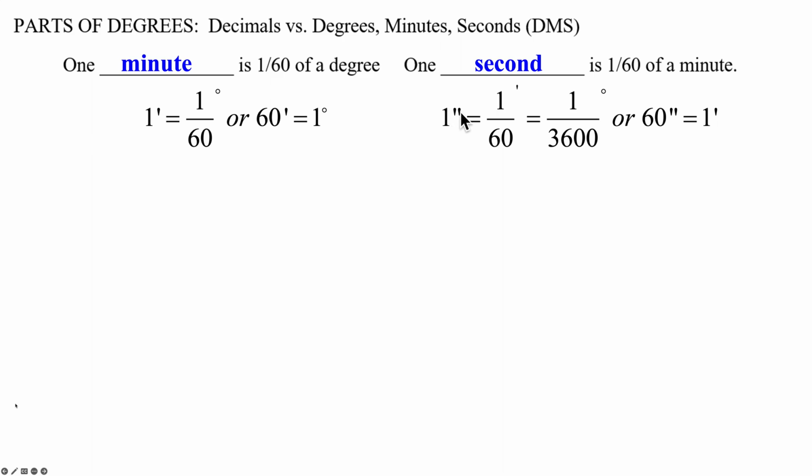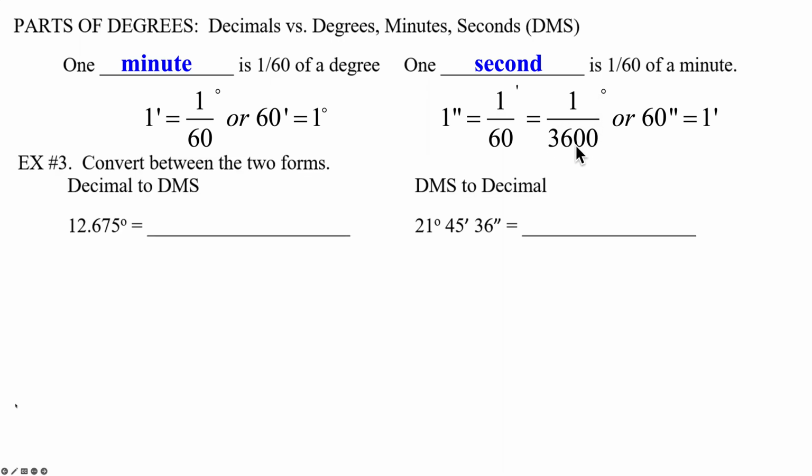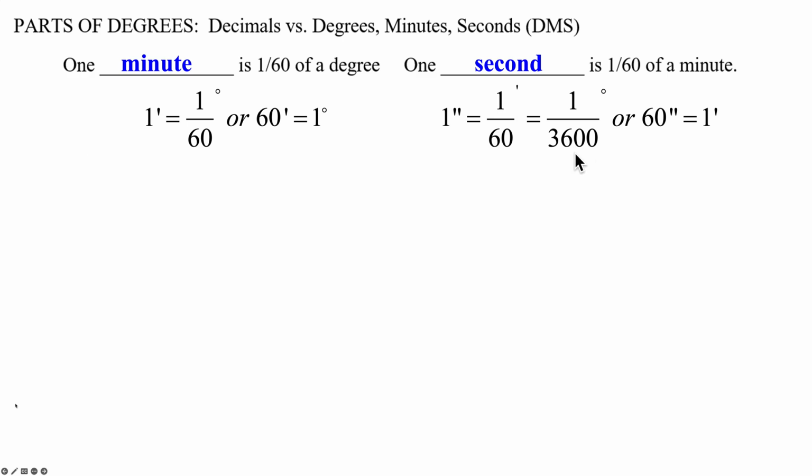The quotation mark, one double accent mark, however you want to say it, is equal to 1/60 of a minute, the single accent, or 1/3600th of a degree. Under 3600, you might want to put down 60 squared. That's more common because we basically have to multiply 60 times 60, and we use the calculator a lot here, and it's easier to type that in. Or again, there's 60 seconds to 1 minute.